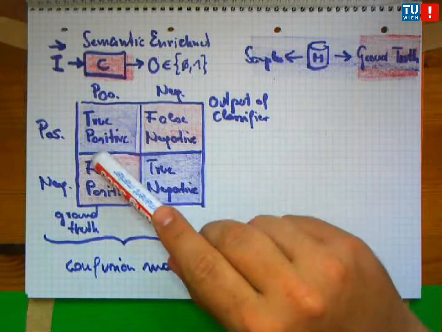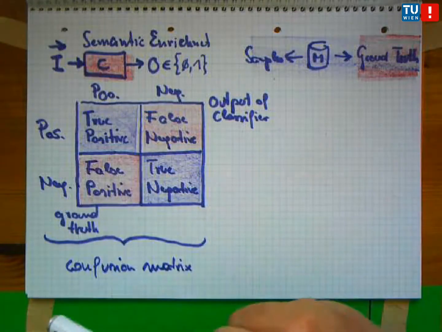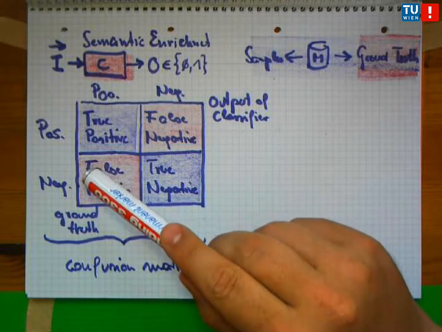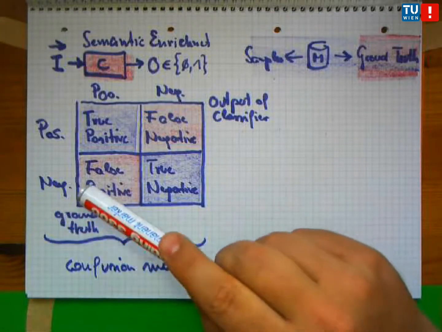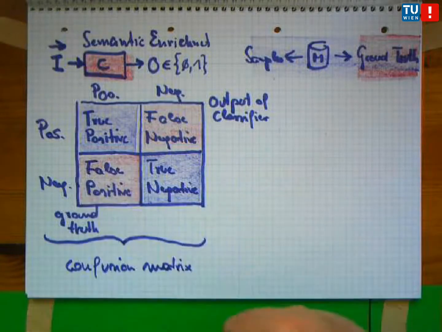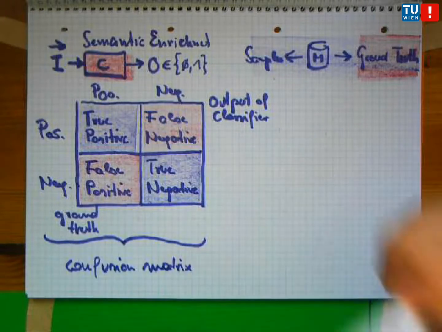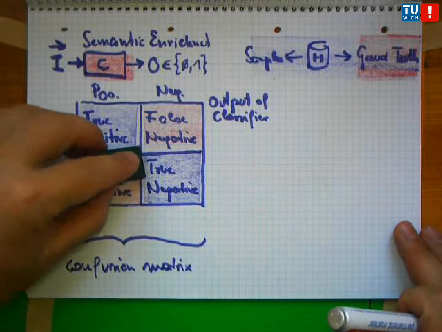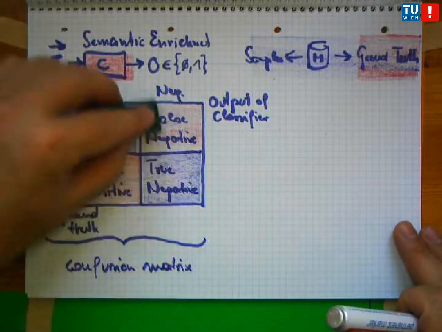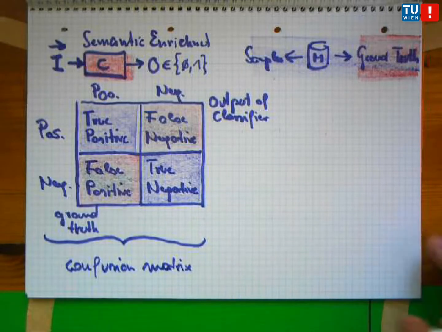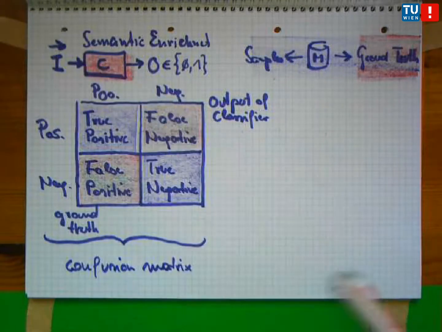Recognizing something that is relevant as non-relevant is a false negative, and recognizing something as relevant that in matter of fact is not is a false positive. Of course, the amount of such errors defines the quality of the classification algorithm.